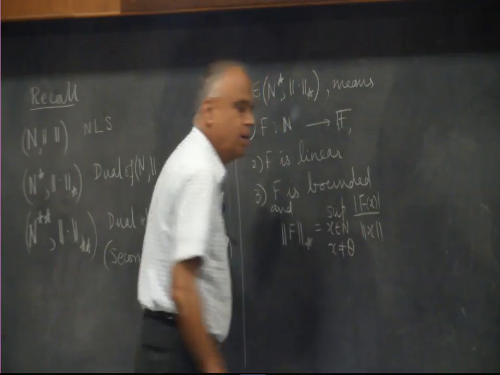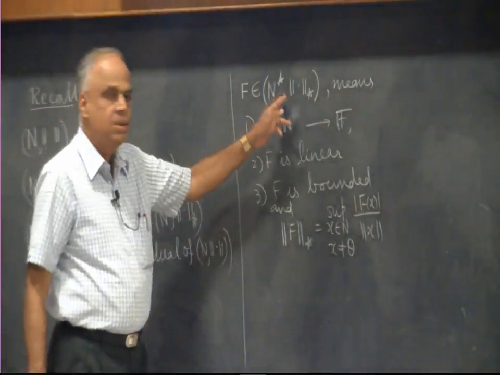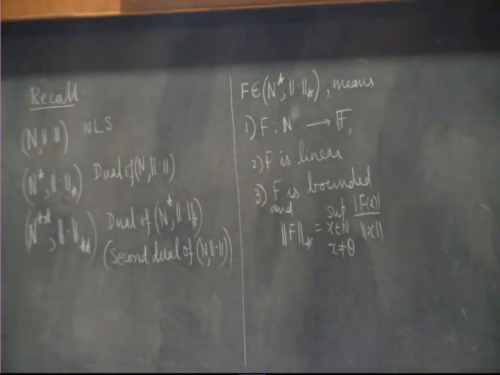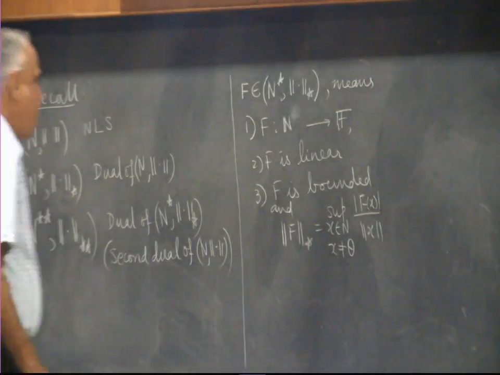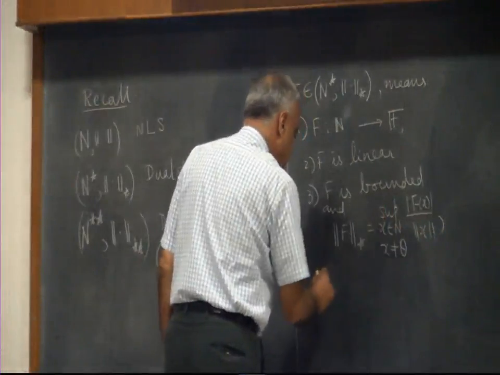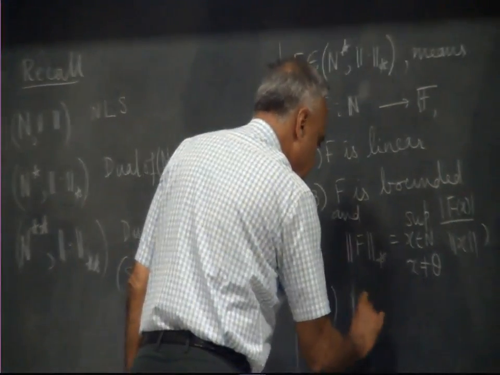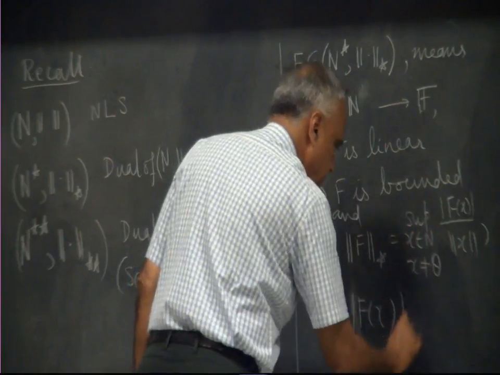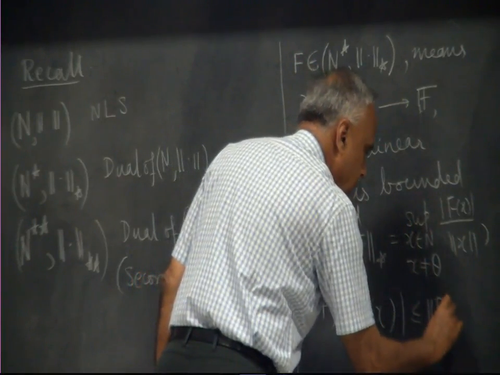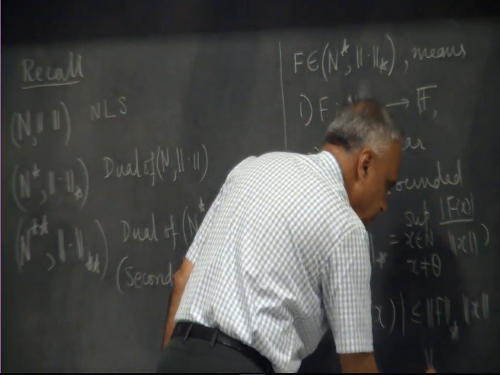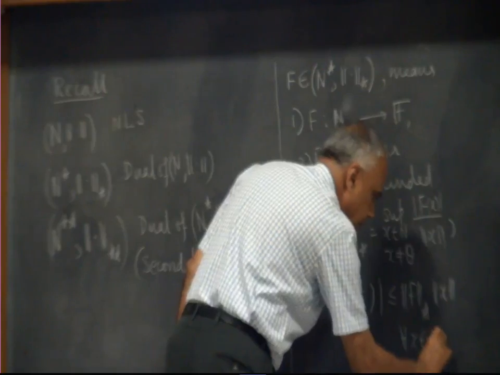I will just write theta for the 0 vector, theta star for the 0 vector in N star, then theta double star for the 0 vector in N double star. And from this it follows that the modulus of Fx will be less than or equal to norm F star times norm x for every x in N.